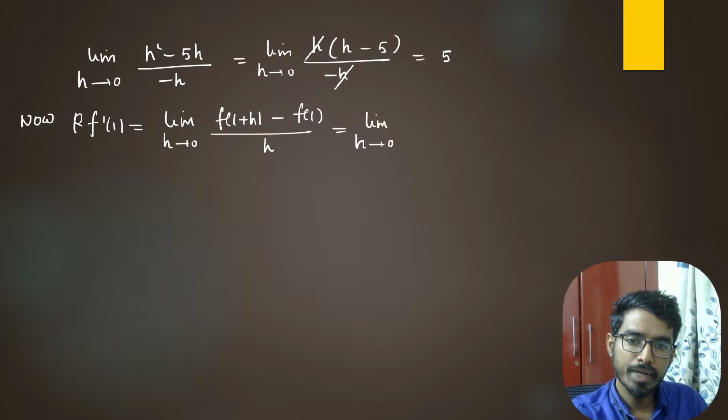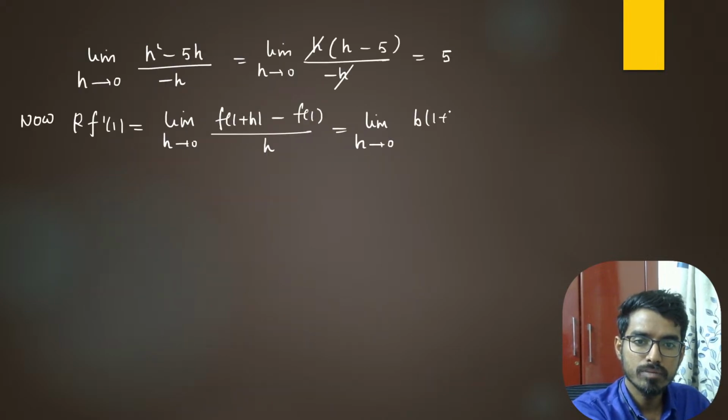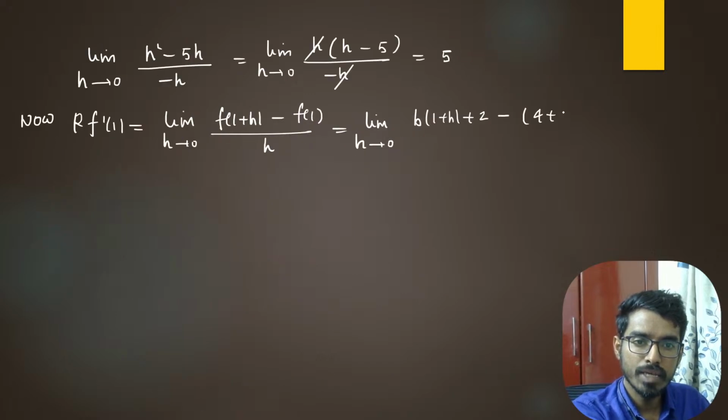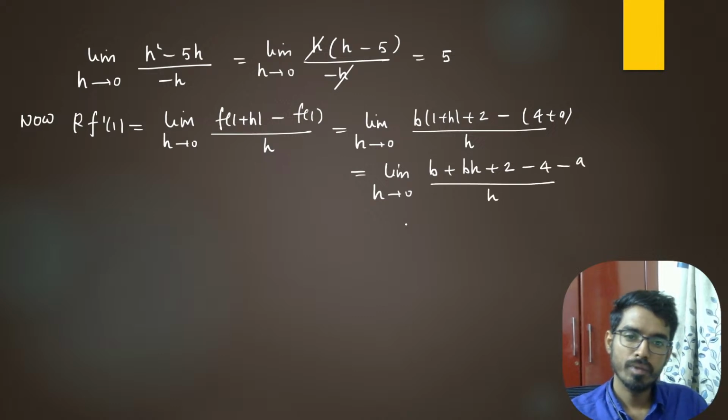So limit h tending to 0, f of 1 plus h. So b into 1 plus h plus 2 minus what is f of 1? 4 plus a, 1 plus 3 plus a. So again this 4 plus a divided by h. So limit h tending to 0, b plus bh plus 2 minus 4 minus a divided by h.